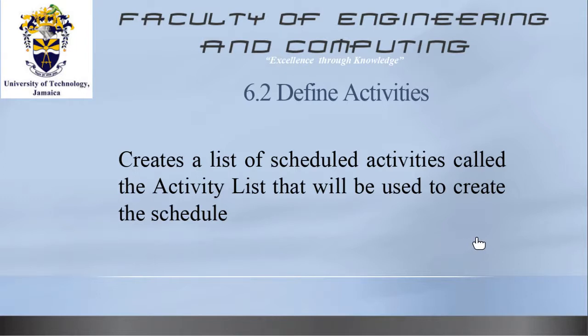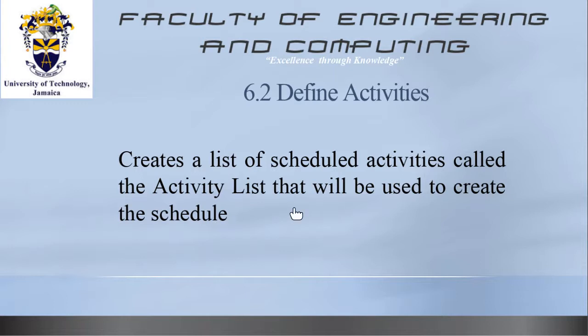Remember when we did the WBS process, we created work packages. In those work packages, we had activities. So we did say that one activity could form a work package. Well, we are going to define those activities now. So basically, it creates a list. What this process is about is the creation of a list of scheduled activities.